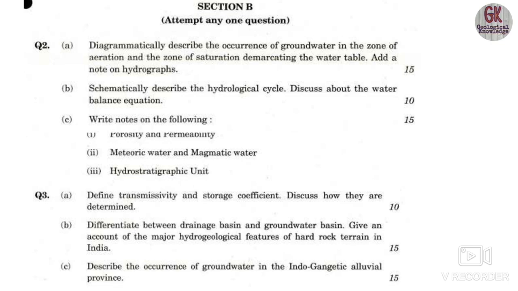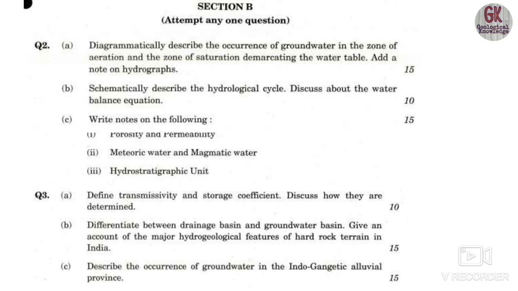3a is define transmissivity and storage coefficient, and discuss how they are determined. So transmissivity and storage coefficient, their definition and how they are determined. 3b is differentiate between the drainage basin and the groundwater basin, and give an example.